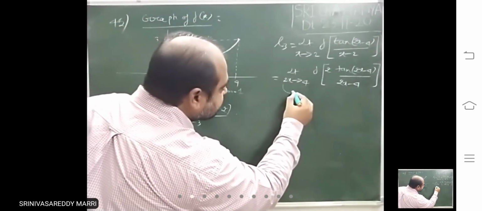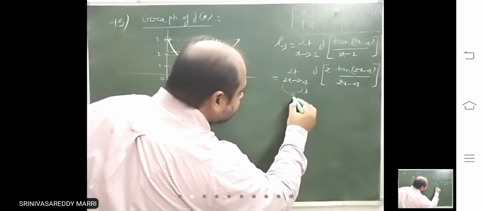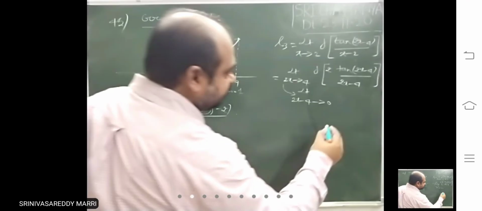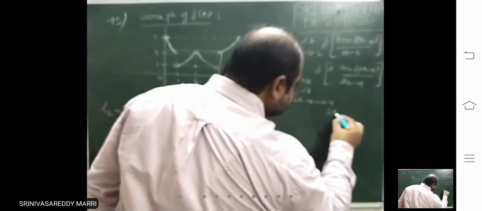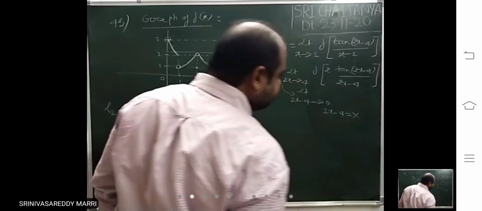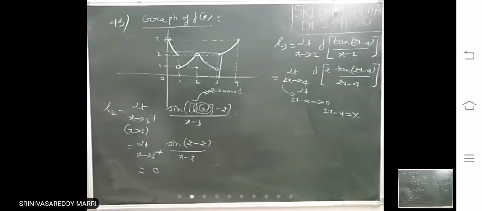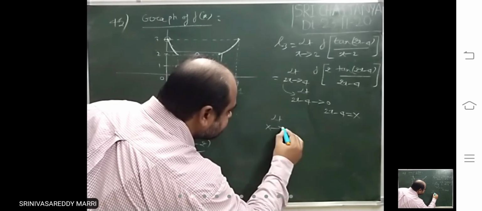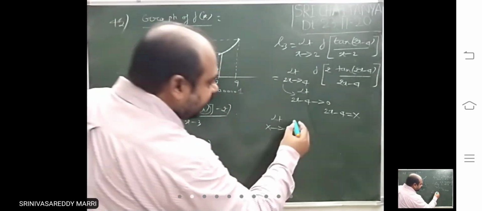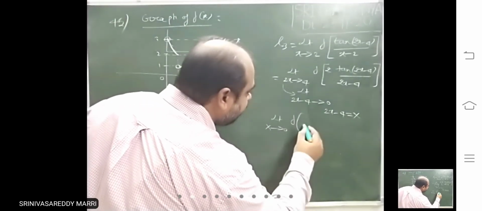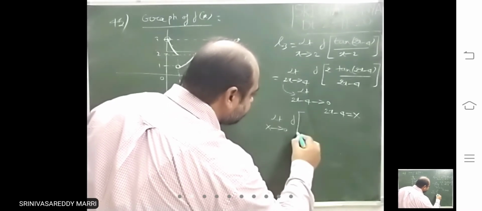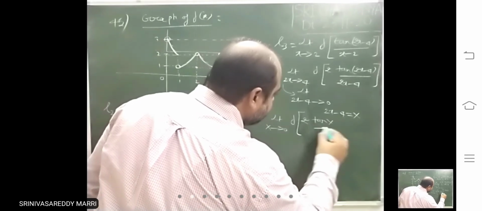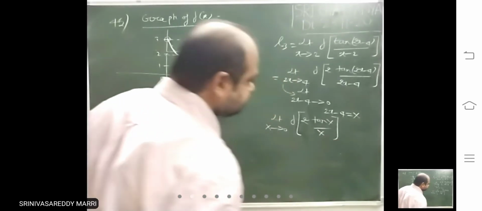So this is nothing but limit 2x minus 4 tends to 0. For convenience, I am taking this as capital X. That means limit capital X tends to 0, f of step of 2 tan capital X divided by capital X.